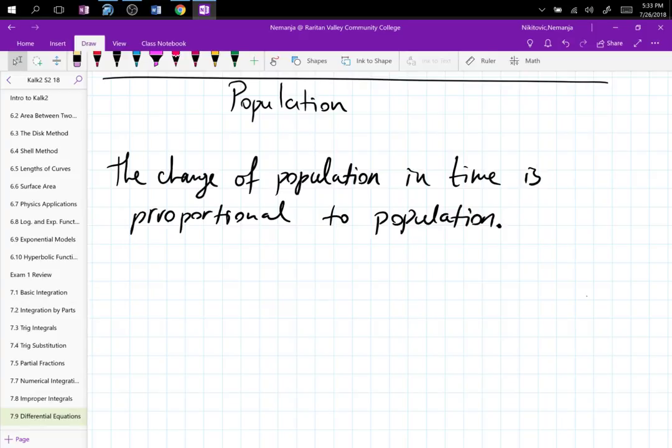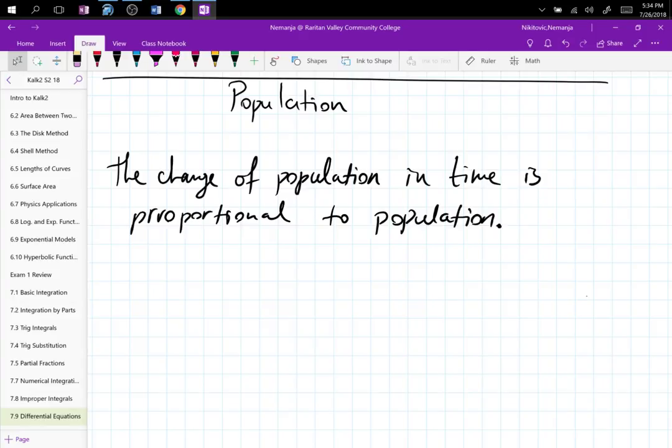If you have a battle where 100 people are shooting at another 100 people, that's a big population fighting, much bigger than the population one-on-one. A lot of people dead in that case, because again, change in population is proportional to population. Now, whether it's birth or death, this sentence makes sense.